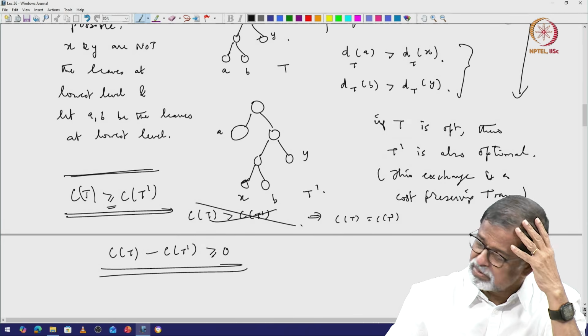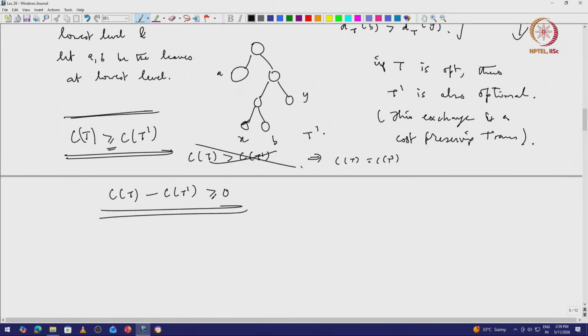Now, C of T minus C of T dash is equal to, okay, all terms other than X and A will vanish, because for X and A you have different expression, but all others it is same, therefore they will cancel out.